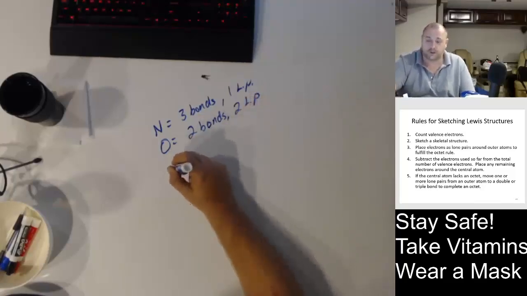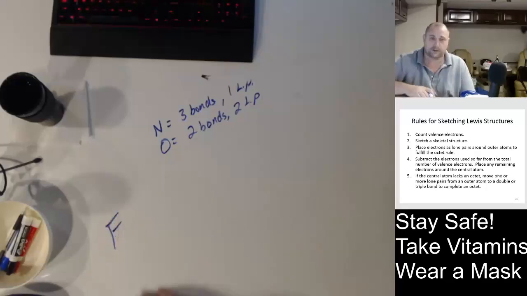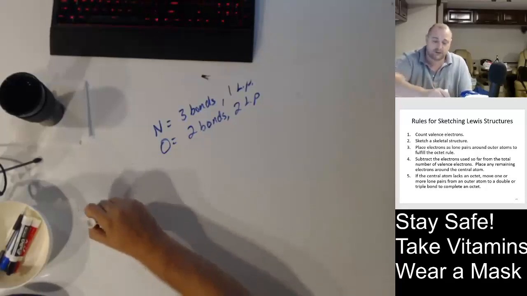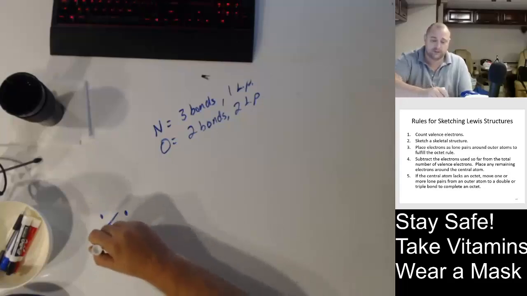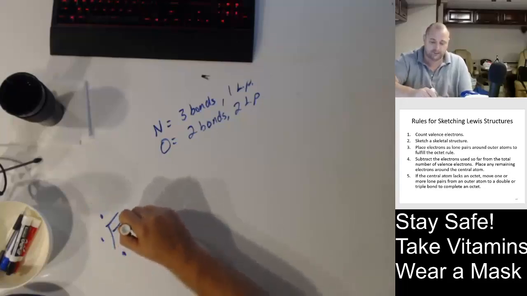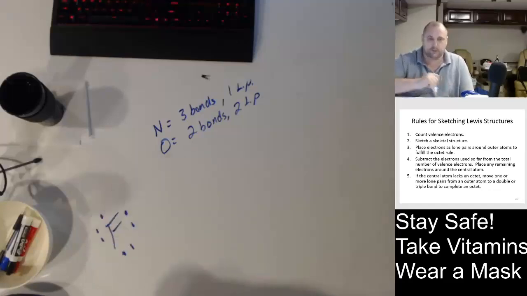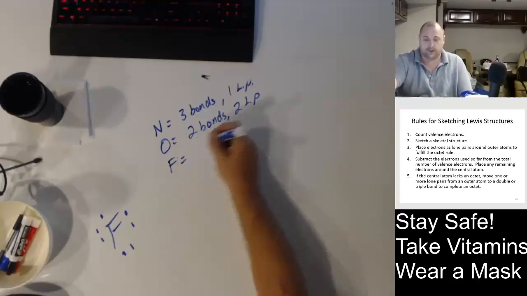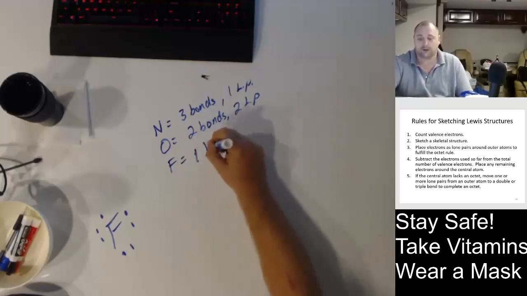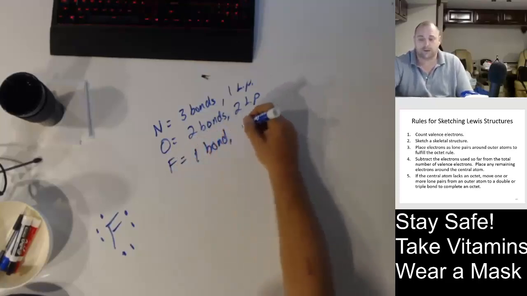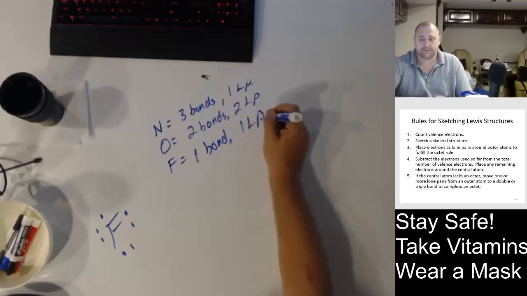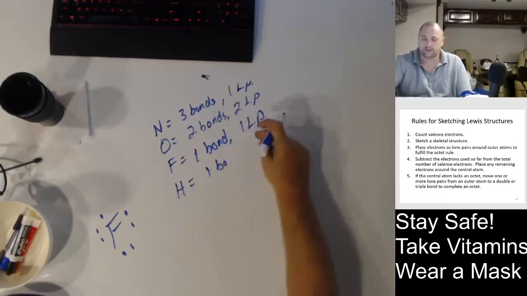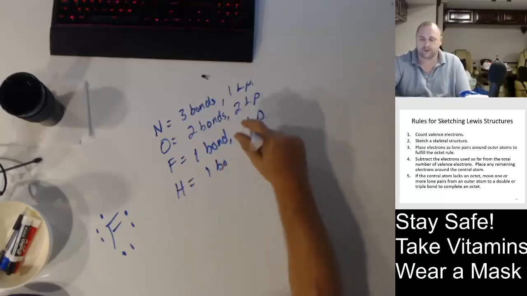Let's do fluorine. So I'm going to sketch it over here. It's a halogen. It's in group 17. So it has 1, 2, 3, 4, 5, 6, 7. It's missing 1 up there. So fluorine, it's got 1 bond, 1 lone pair. We saw a while ago, hydrogen's got 1 bond. Whoop, that was wrong. Fluorine has 3 lone pairs.